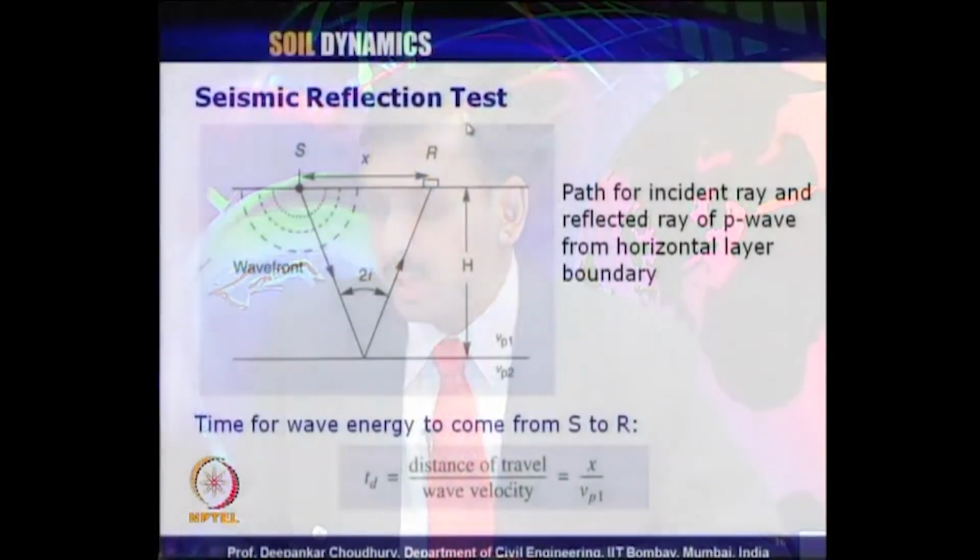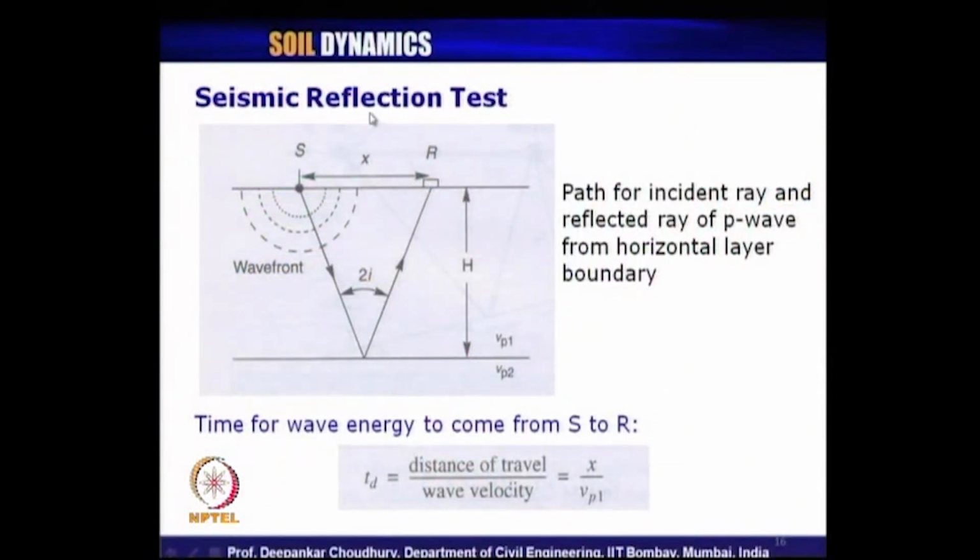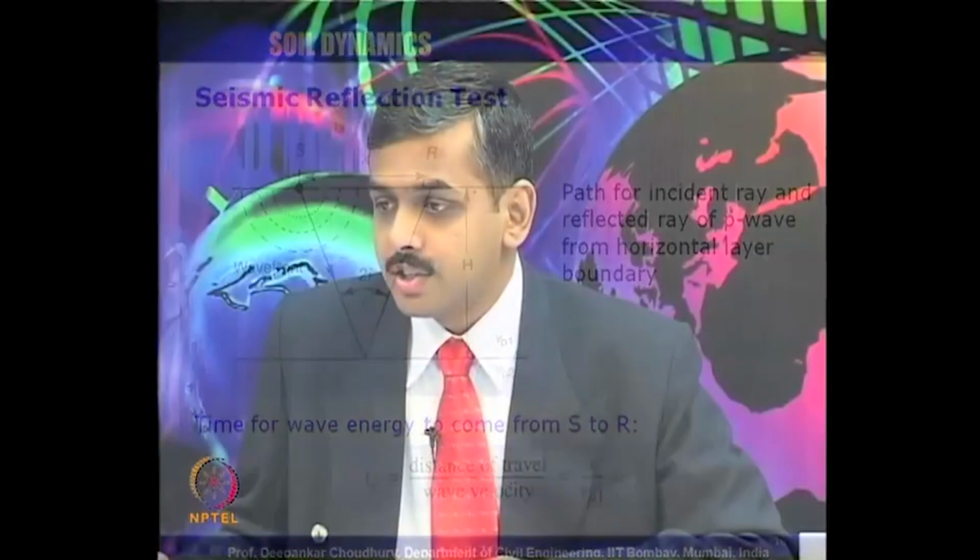So, now let us come to the major criteria or characteristics of various direct tests. The first one is seismic reflection test. As the name suggests, here we use the principle of reflection of wave. We have seen wave propagation, the three components: reflection, refraction and the incident wave. So, here the concept of reflection of waves is used.